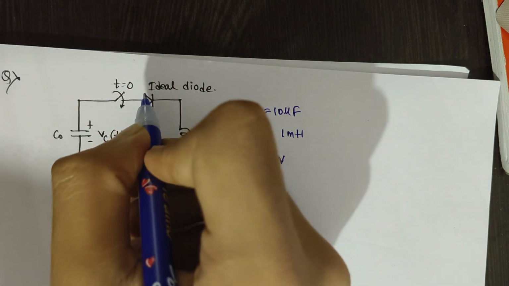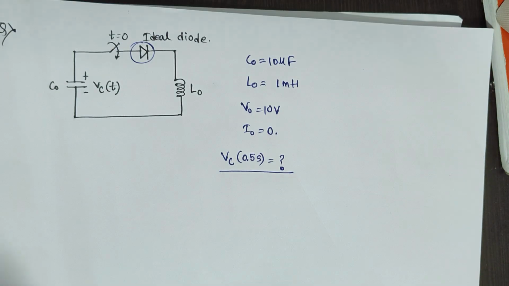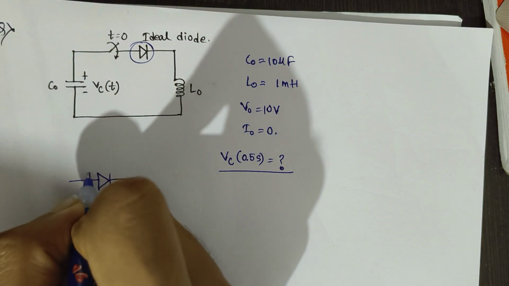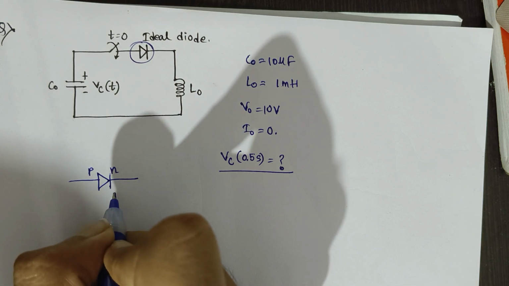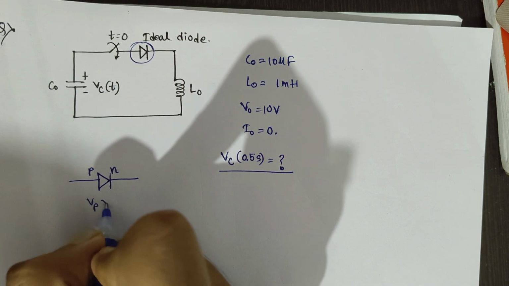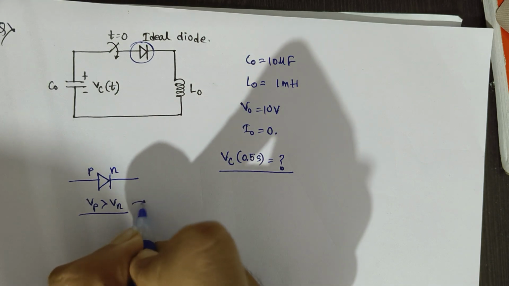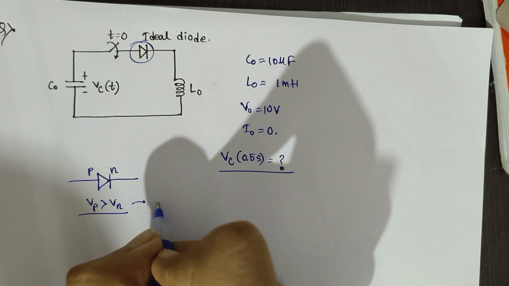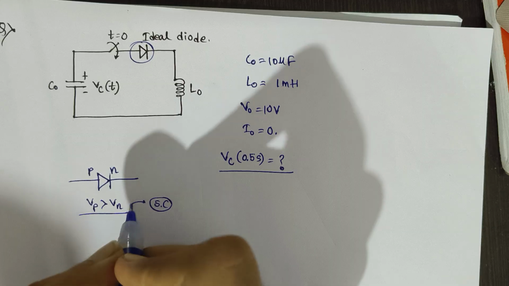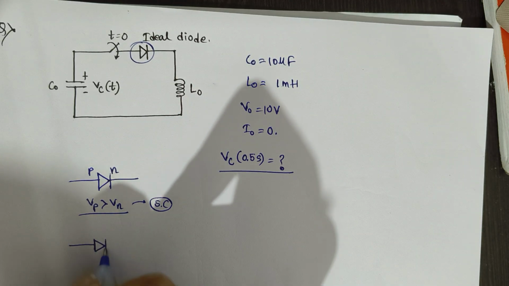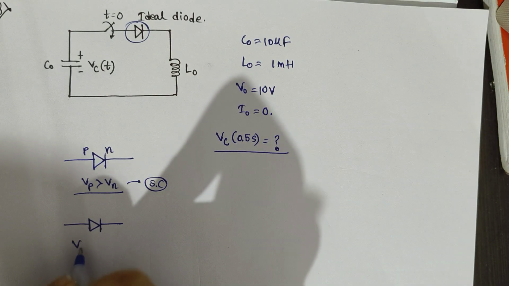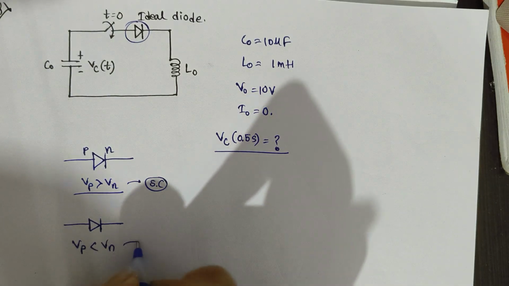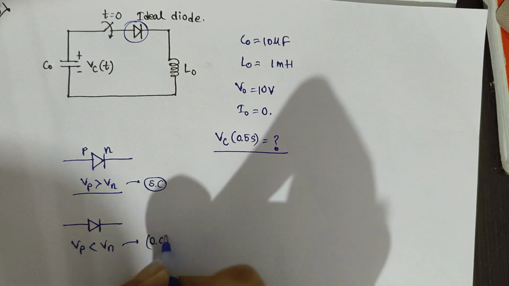So here is a diode. First we have to know what is the property of a diode. This is P side, this is N side, right? If the voltage of P side is greater than N side, then the diode will be in short circuit mode if it is an ideal diode, and if the voltage of P side is less than voltage of N side, then the diode will act as open circuit.